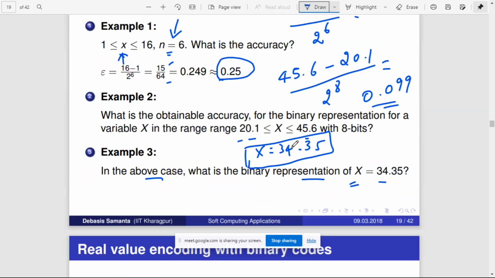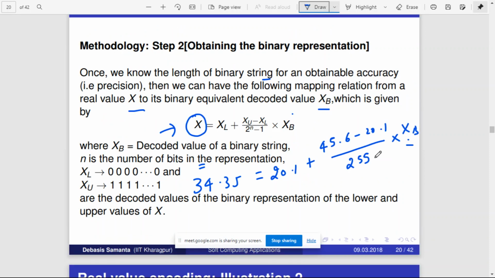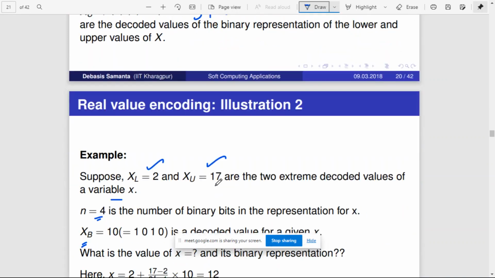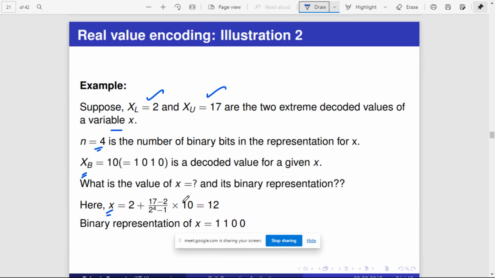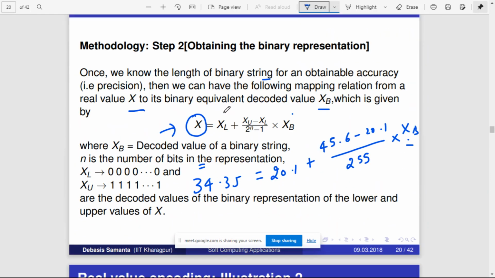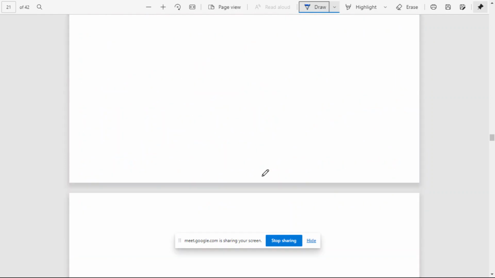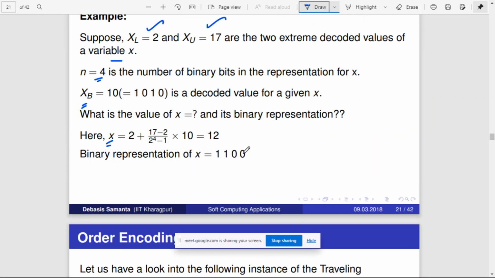In the previous problem, x is given and you are asked to find xb. So you have to take everything to this side and solve this equation. It's not a difficult thing. But in this case, you are asked to find x, not xb, right? So with this same formula, we have to find x.